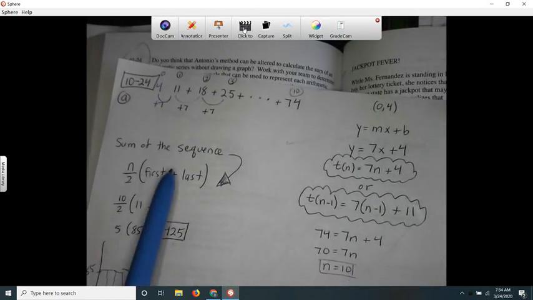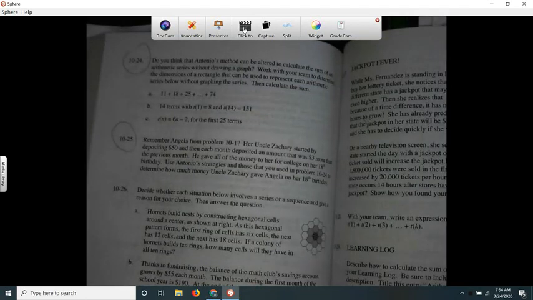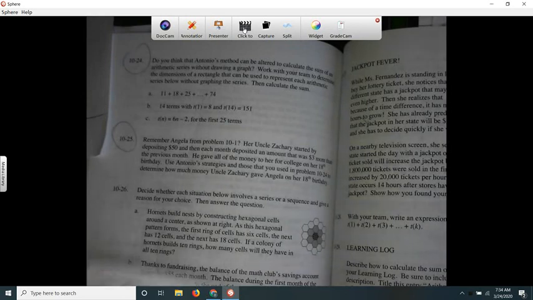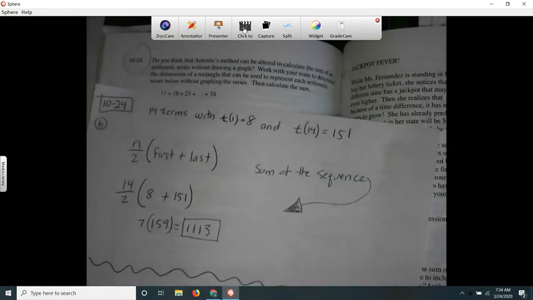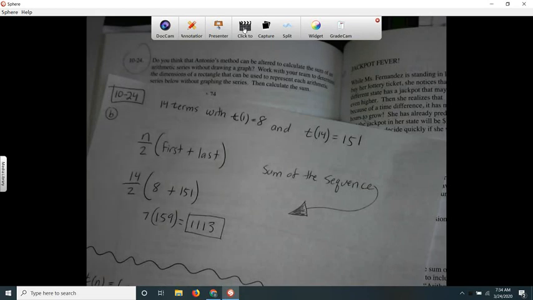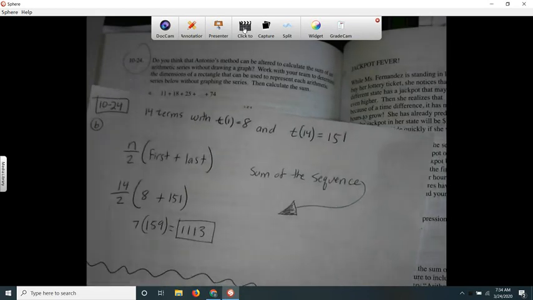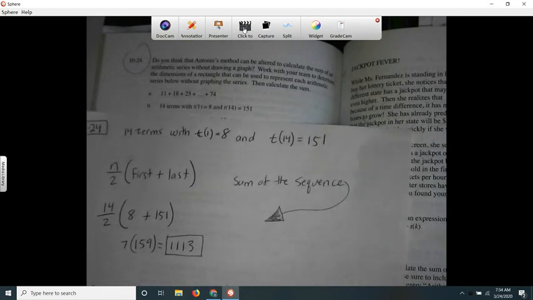So now let's try it. I hope that makes sense. Let's try letter B and letter C a little faster. Letter B says, without drawing a graph, can I sum up 14 terms, where the first term is 8 and the 14th term is 141?